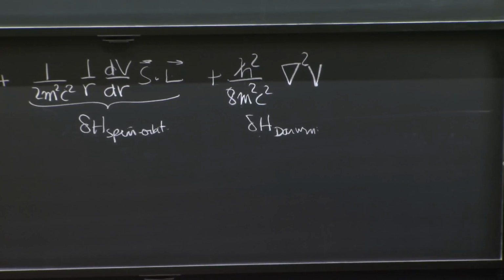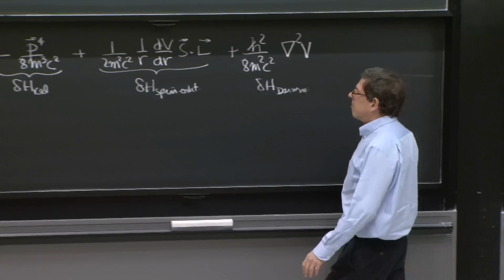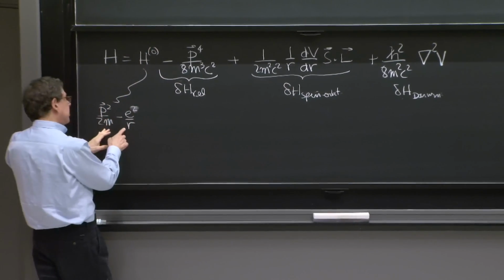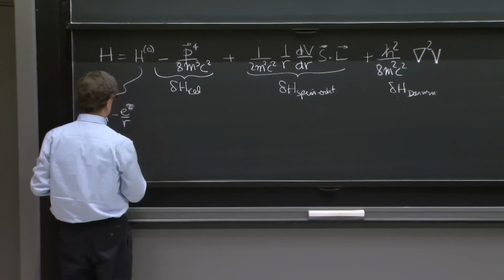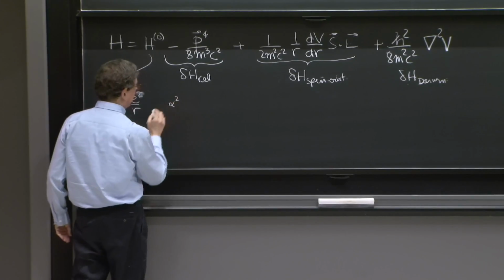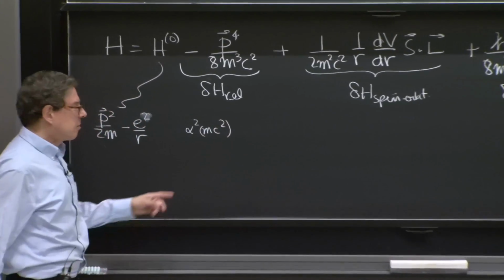And all these terms were suppressed with respect to H0, in the sense that the energies associated with H0 went like alpha squared mc squared, where alpha is the fine structure constant.